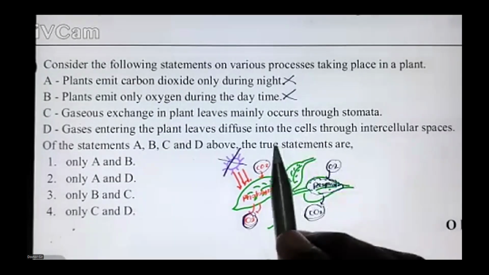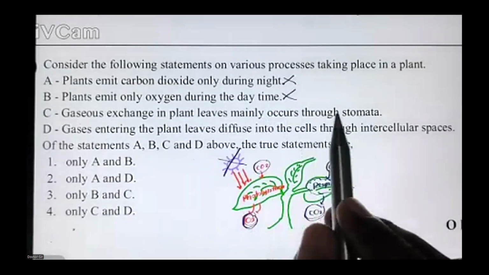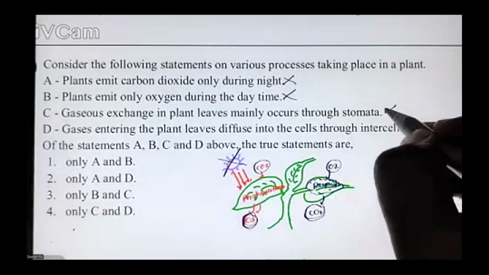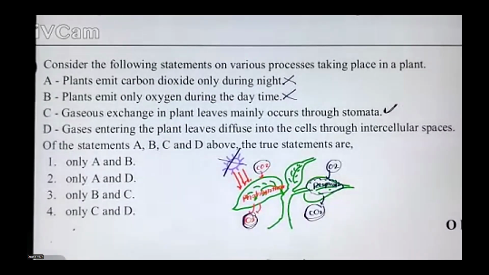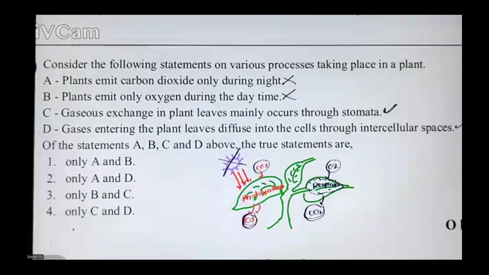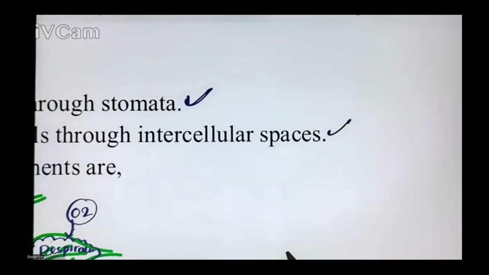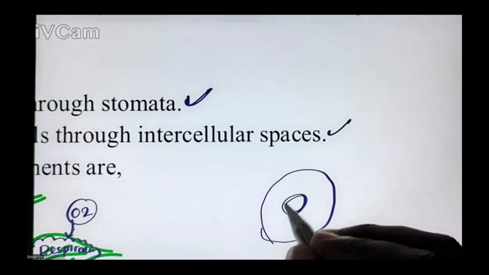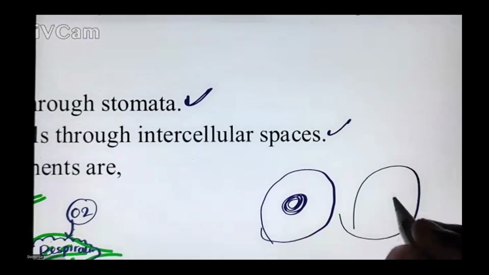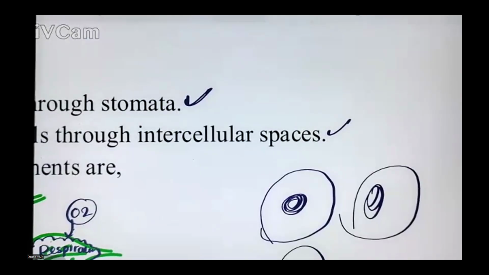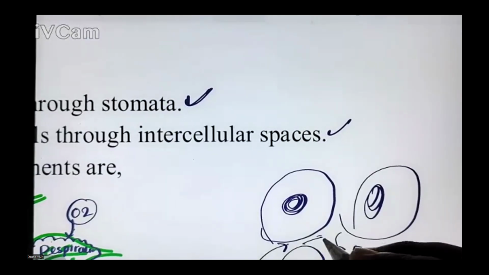Then, gas exchange in the plant leaf mainly occurs through the stomata. Yes, that's correct. Then gases enter the plant leaves and diffuse into the cells through the intercellular spaces. That's what I explained earlier with the parenchymal cells. The intercellular spaces are important for gas exchange.